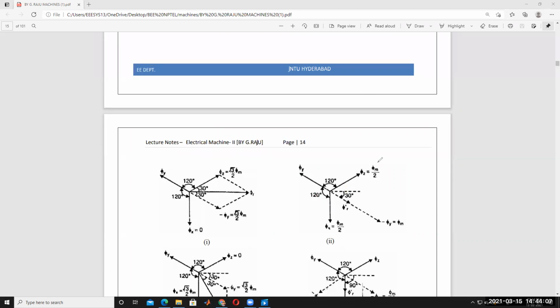What is the angle between these two? 120 degrees. Am I right? So by substituting this angle, we'll get like this.